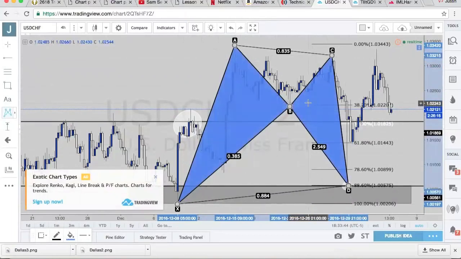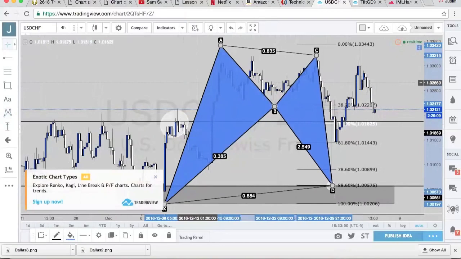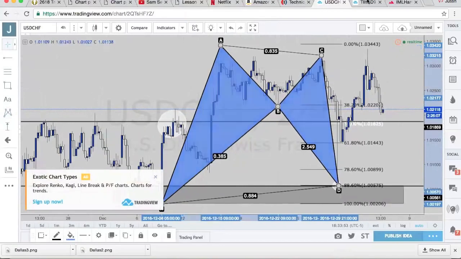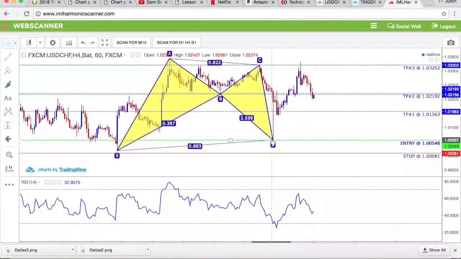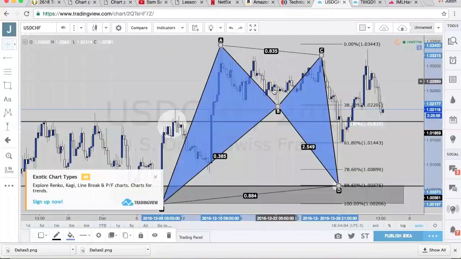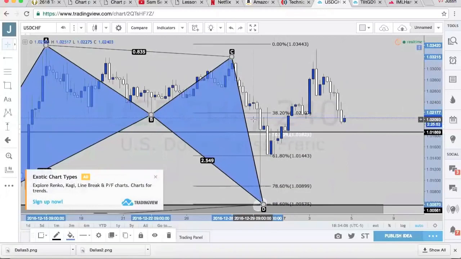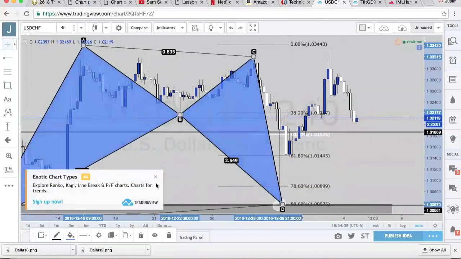A nice bat pattern, confluence, bullish bat pattern in a bullish market time frame, because we went to the daily time frame and looked at it was a bullish market. So here, you can actually see the scanner called an entry exactly on the 88.6, right? So what you could do is, before, when price hit this level right here, I'd actually be looking for a retest to this area zone on a lower time frame.